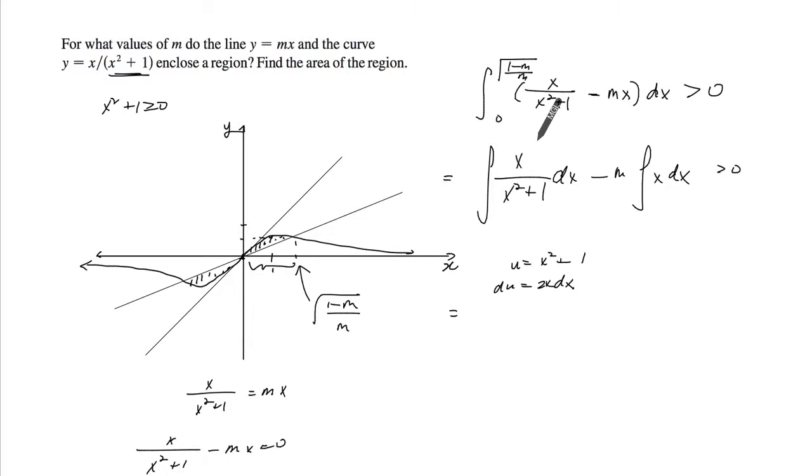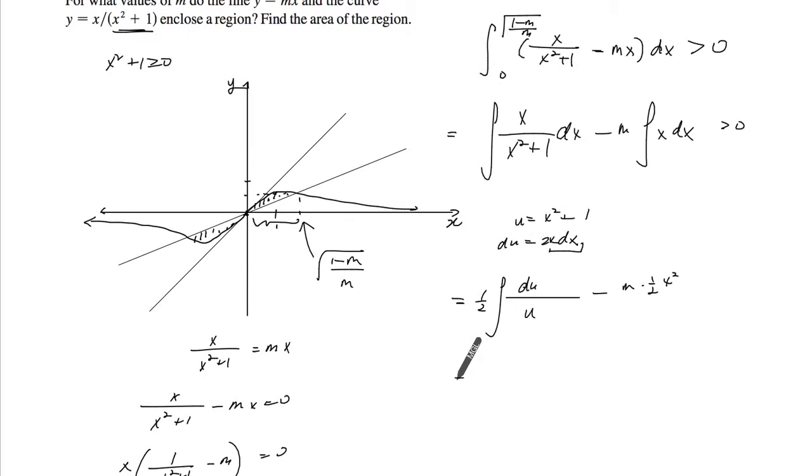So that x dx can be replaced with half of du. Okay, so then this is easy, right? It's going to be half of ln of the absolute value of u. We don't need the absolute value because u is equal to x squared plus 1, which is always positive.